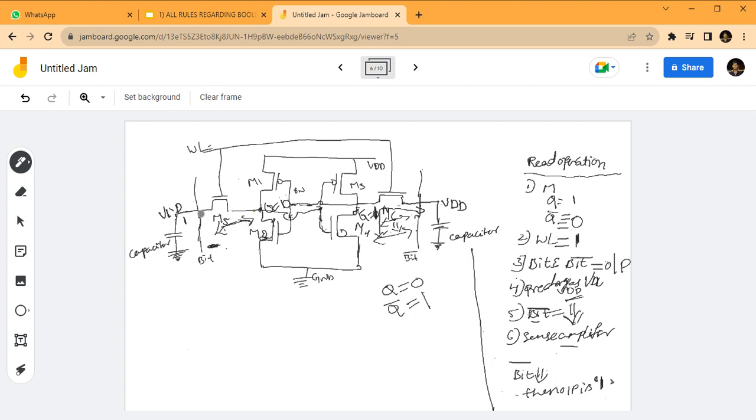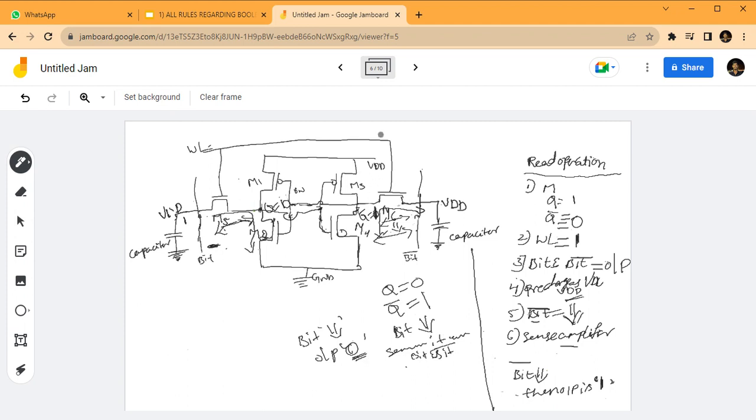Therefore, the voltage discharges through M2, then the bit value decreases. Then the sense amplifier compares the bit and bit bar values. Then the bit value decreases, then the output will be 0. This is the read operation.